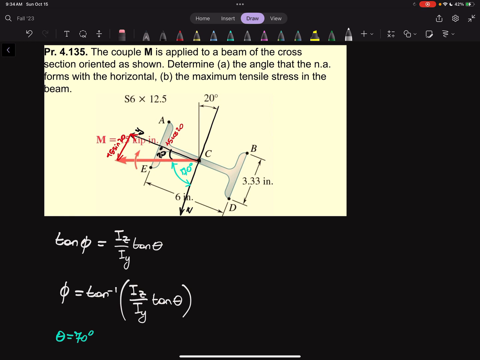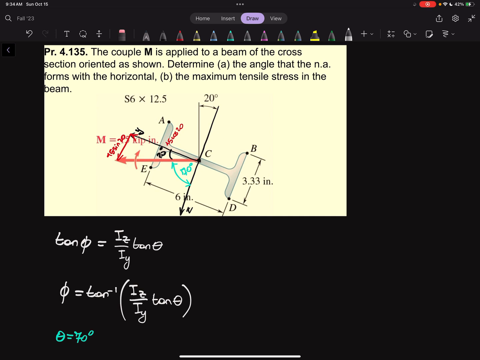So let me go over there. Still at W, S6 times 12.5.